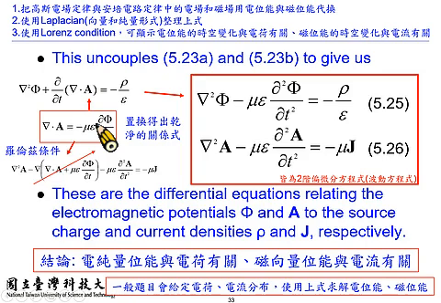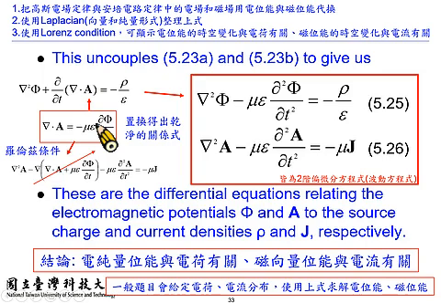It's also a second-order differential equation with both second-order spatial derivative and second-order time derivative. So the Laplacian of phi minus mu times epsilon times the second-order time derivative of phi equals minus rho divided by epsilon.